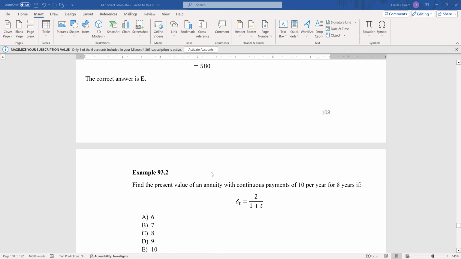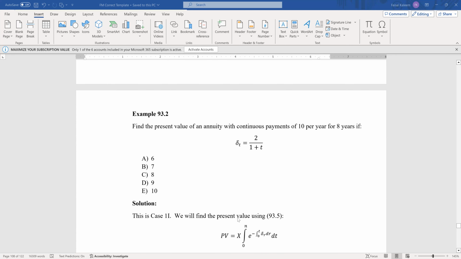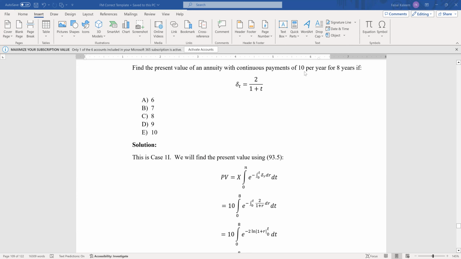Example 93.2. Find the present value of an annuity with continuous payments of 10 per year for 8 years if delta t is 2 over 1 plus t. So you see that the payment rate is constant, 10 per year, but the interest rate is variable. So this is case 2. In case 2, we saw the present value formula was x times the integral from 0 to n of e to the power negative integral from 0 to t of the force of interest. And x was the constant payment per year, which in this case is 10.